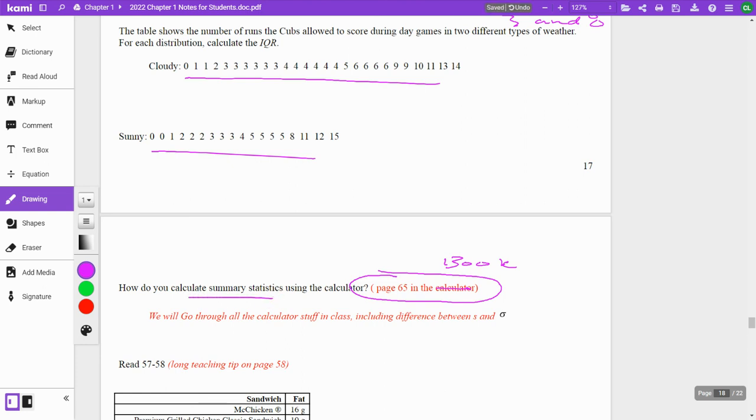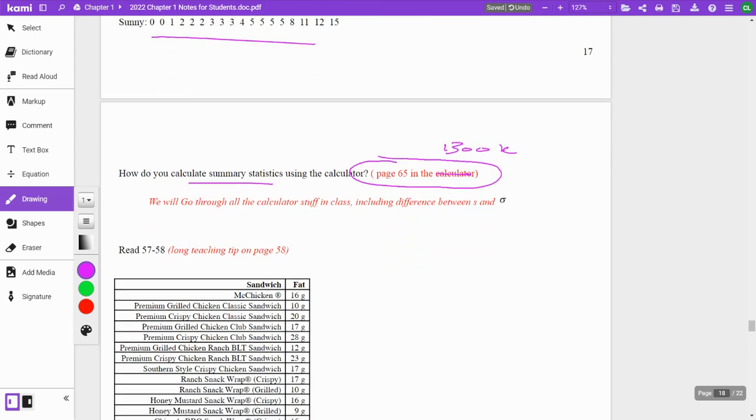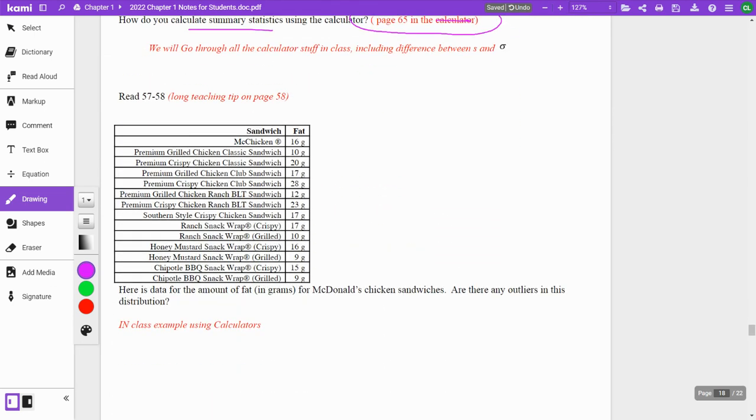So I'm going to teach you a lot of calculator tricks in the next couple of days. And then we'll tackle this old school McDonald's menu. Like, I don't even think, let's see, the McChicken, do they even have the McChicken anymore? I got some old data sets, but here we go. We're going to talk about McDonald's chicken sandwiches and talk about outliers, okay?